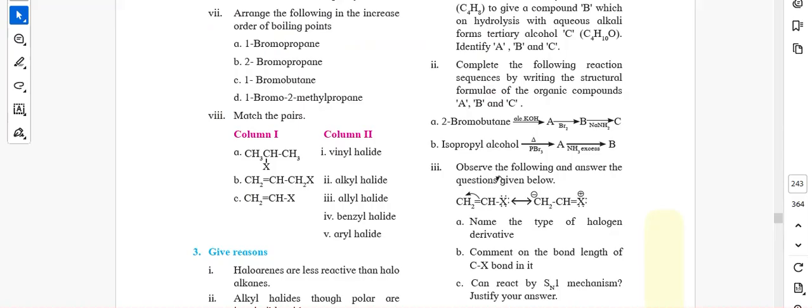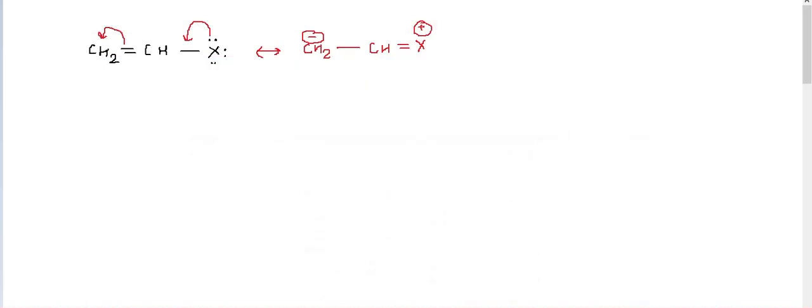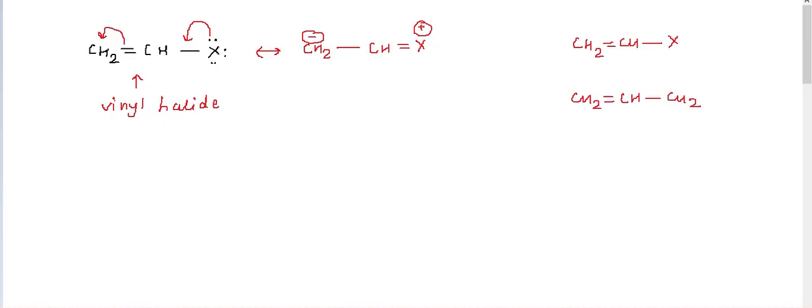Now let's see what the first question is. The first question is to name the type of halogen derivative. So this type of halogen derivative is vinyl halide. How to identify a vinyl halide? Whenever a halogen is attached directly to a carbon-carbon double bond, it is a vinyl halide. Suppose a halogen is attached to a carbon which is next to the carbon-carbon double bond, then it is allyl.